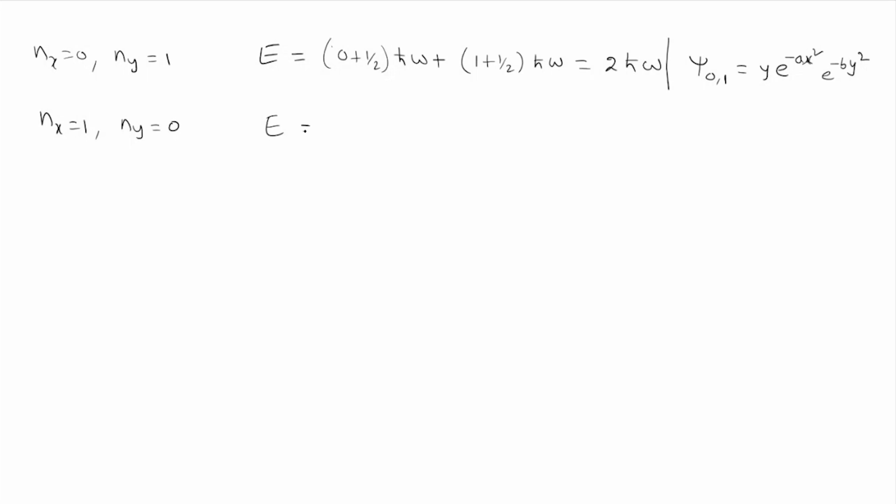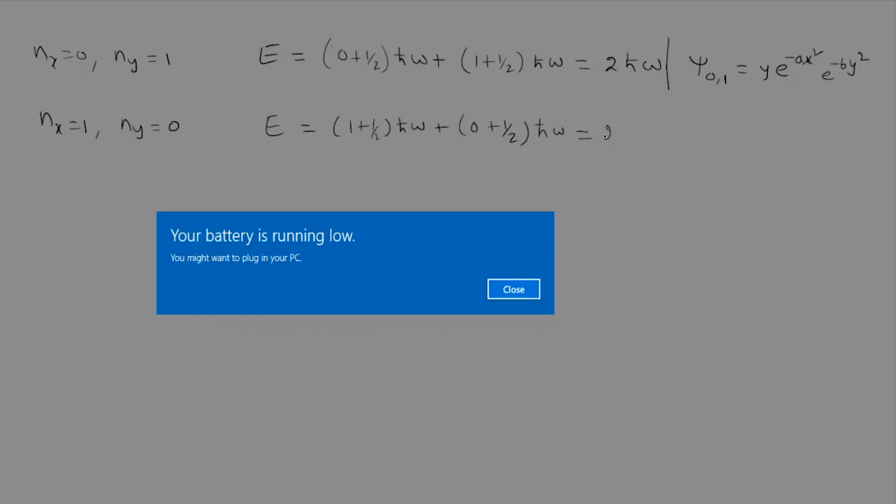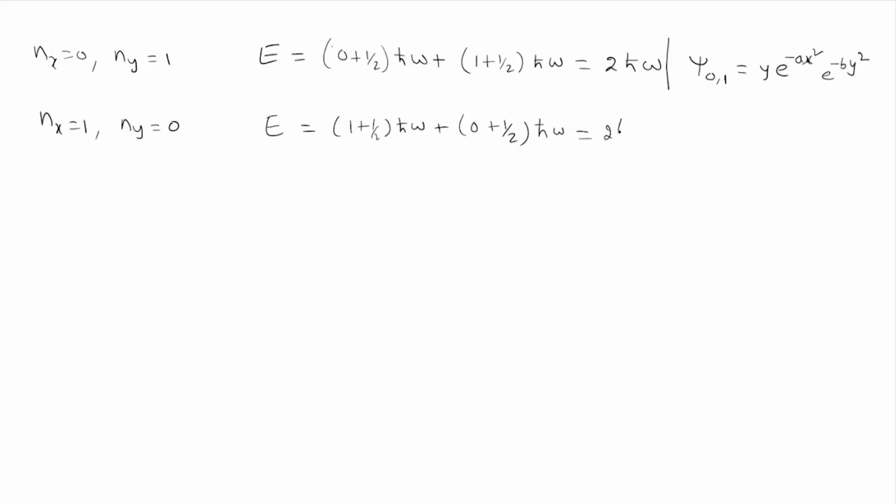The total energy is again 1 plus half, plus 0 plus half, this time the second one is in the ground state. It has 2 h cross omega. And its eigenfunction is x times e to the minus a x square, e to the minus b y square.